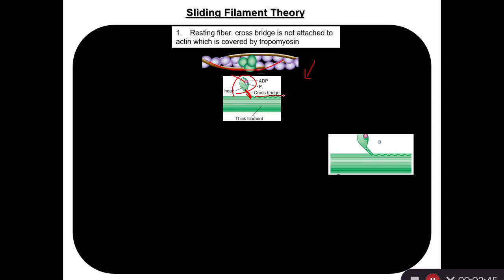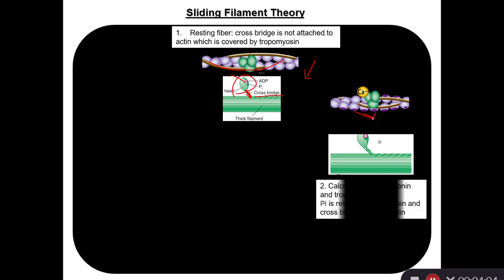Now, during contraction, the first thing that happens is that calcium unlocks troponin. Tropomyosin moves away, and now the myosin binding sites on actin are exposed.